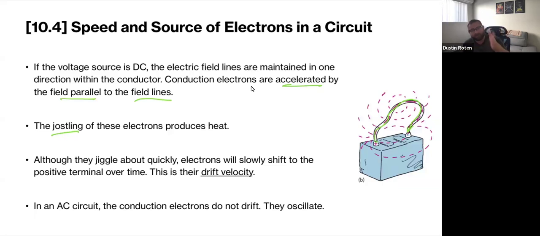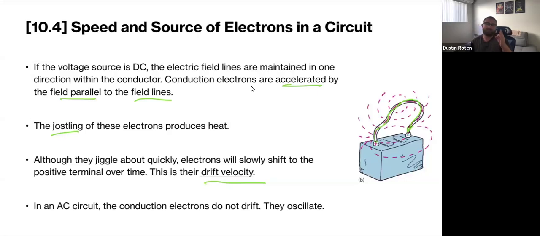And again, just because they're moving like crazy in there doesn't mean they're moving quickly toward the positive terminal. They're actually moving very slowly. And that very slow group speed, so to speak, is called the drift velocity.